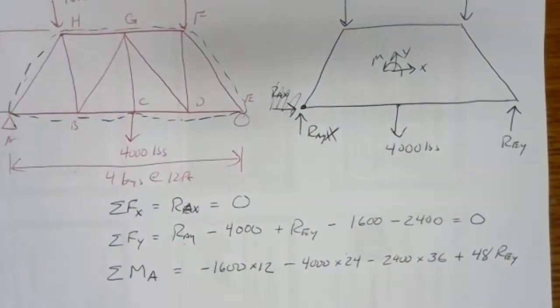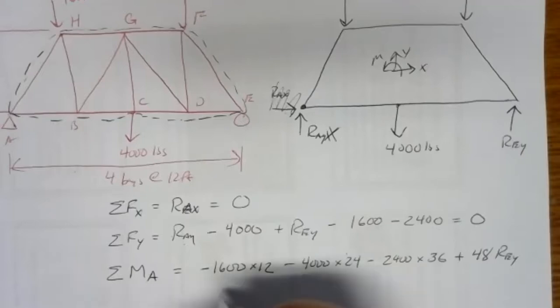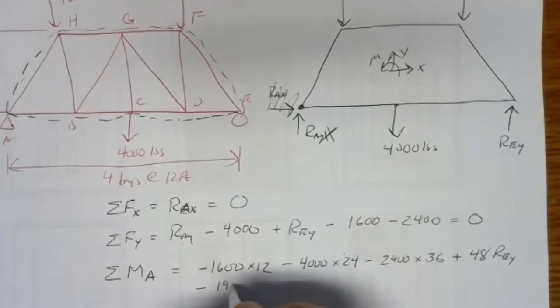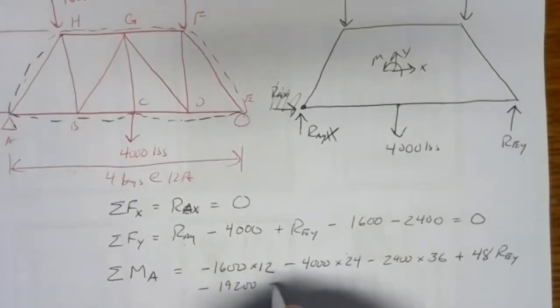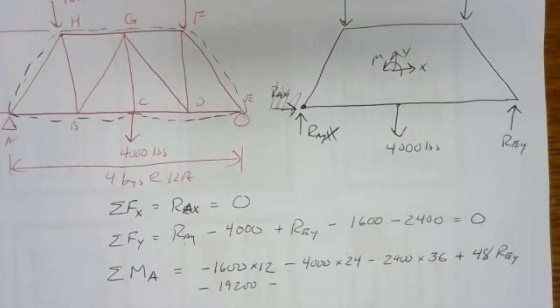So moment equation with some fairly large numbers here. Suppose we could have shifted everything into kips to make the numbers a little smaller, but we can deal with pounds. So let's see here. If we crunch these down a little bit, we have negative 19,200 minus 4,000 times 24.